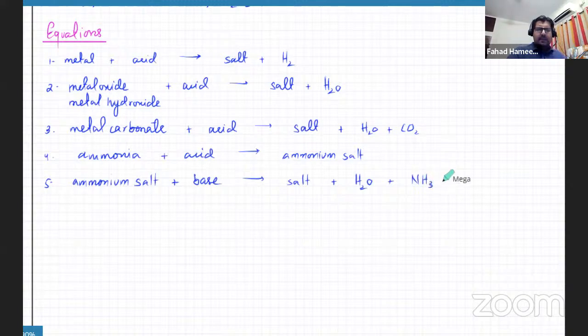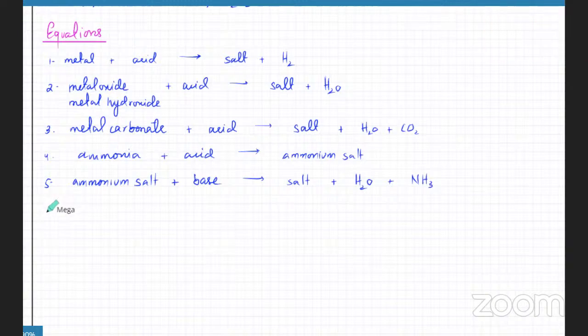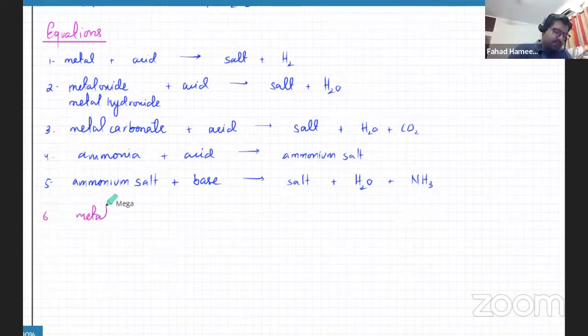Is there any other reaction involving acids? Are we done with most of the acid-base reactions? What happens when you have a reactive metal reacting with water? It has to be a reactive metal.